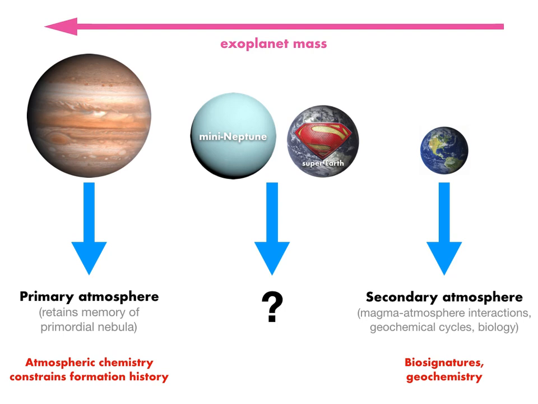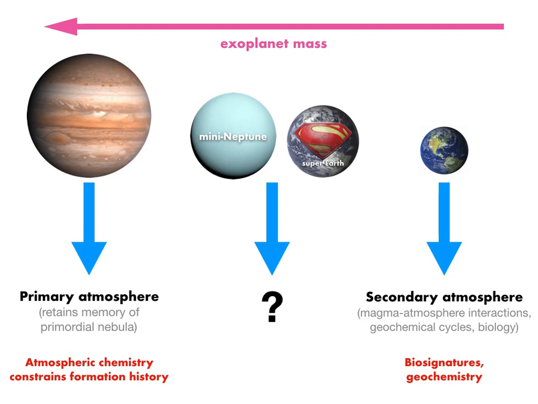We also have terrestrial rocky planets in our solar system, and these have secondary atmospheres, meaning the atmospheres have lost memory of the primordial nebula. They are certainly not hydrogen or helium dominated.